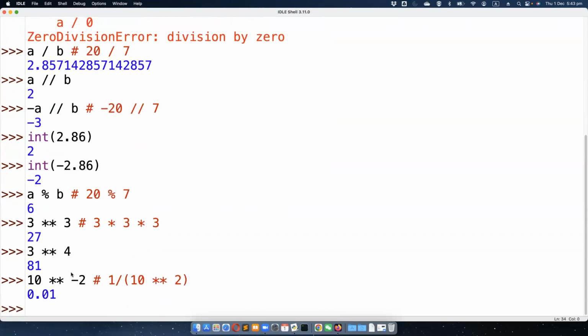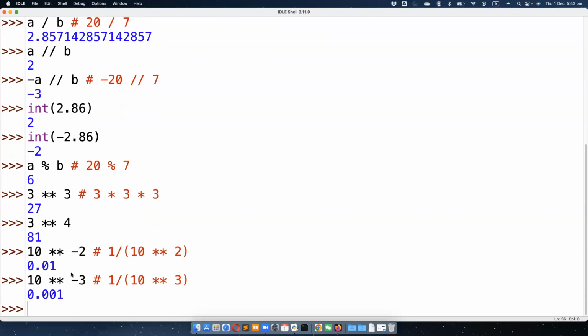That's 0.01. And 10 powered by -3, which equals 1 over 10 powered by 3, because you're right, 0.001.